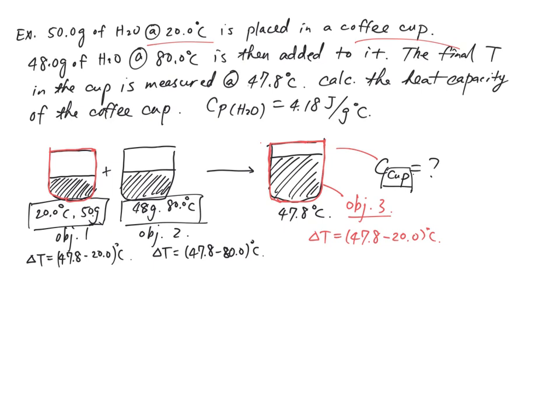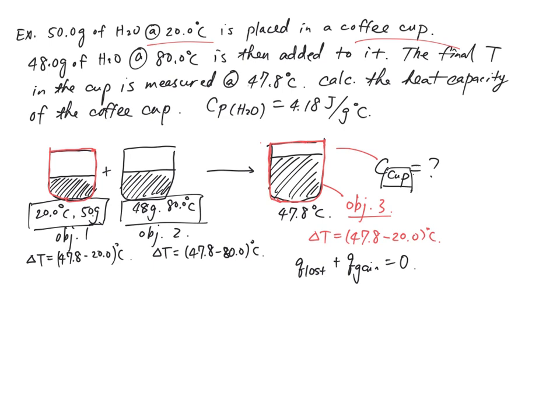So all the heat transferred is between these 3 things. Q lost plus Q gain equals 0. But you only have 2 things here in the equation.